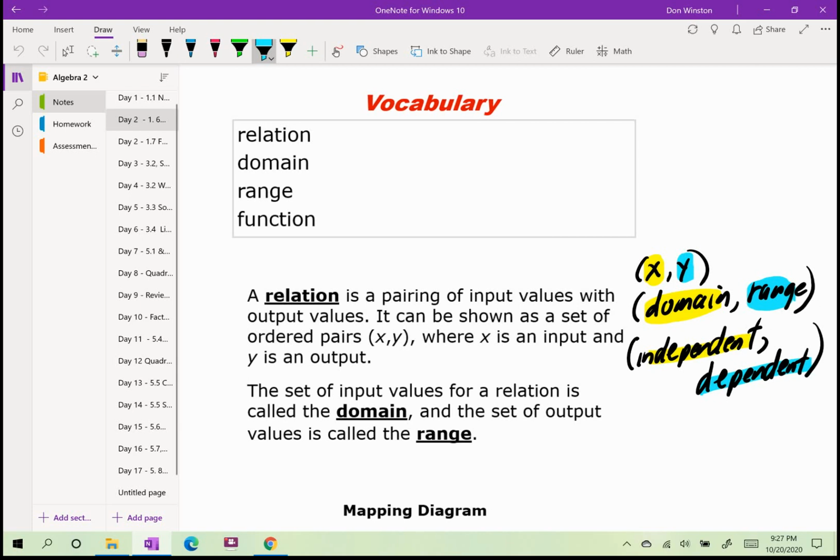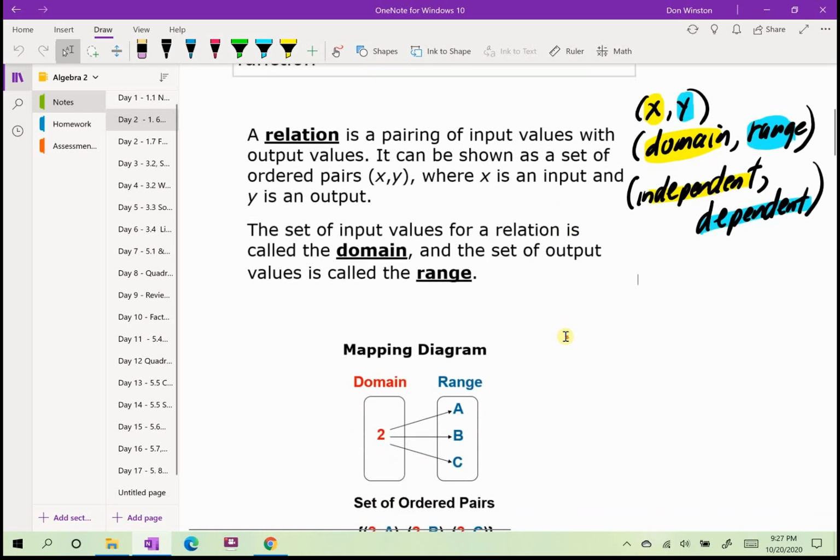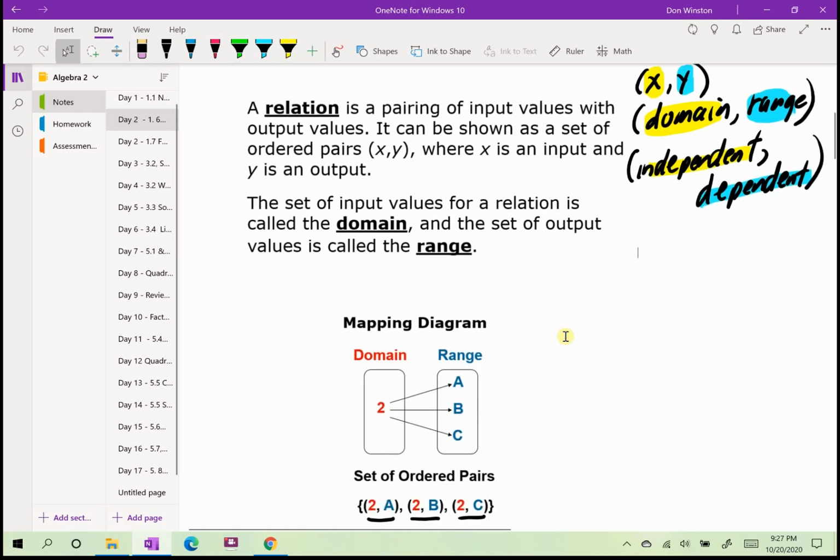The set of input values for a relation is called the domain, and the set of output values is called the range. Again, d before r, x before y. X is domain, y is range. Here we have a mapping diagram, which tells us what each x goes to.